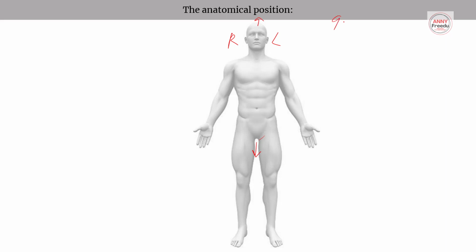So in 99% of cases, we use this anatomical position to describe a patient and to produce anatomical terminologies, but for this 1% that I will teach you later on, we do not use the anatomical position. I will tell you later which position we are using.